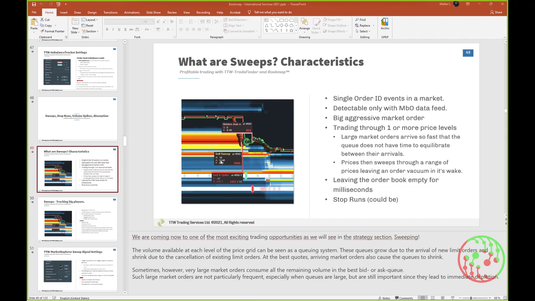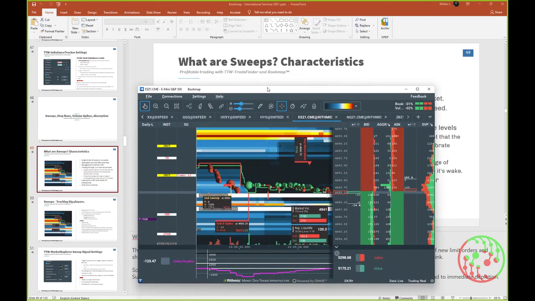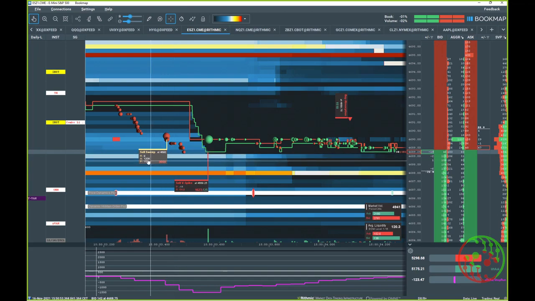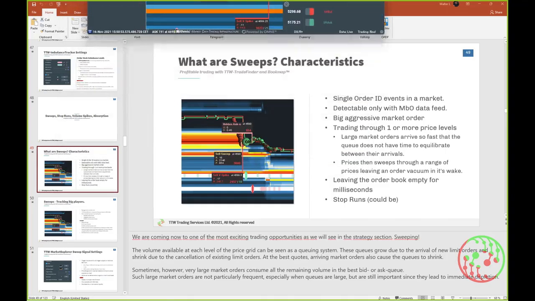And he actively got 2,146 contracts. He traded through 16 ticks. In this live case, the price moved 9 ticks. That means 2.25. So he traded 2.25 and ended at 46.90 in this case.